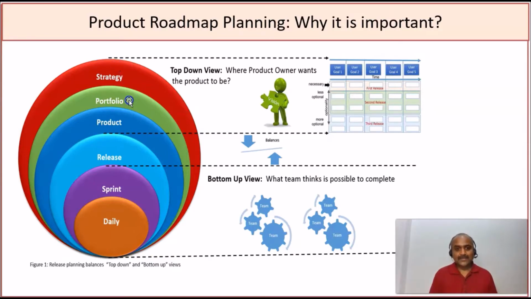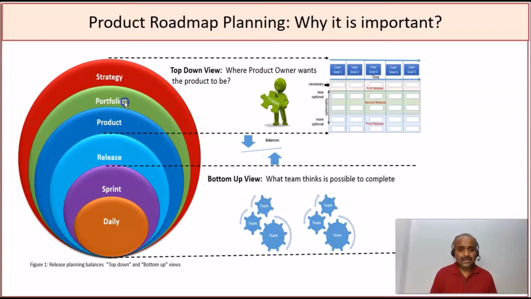Based on the targets provided by the strategy planning event, portfolio planning decides which products to retire, which products to create, and which products to enhance to meet the set targets. So, as part of portfolio planning, you get guidance for multiple product planning targets. This is how the product planning event gains significance.